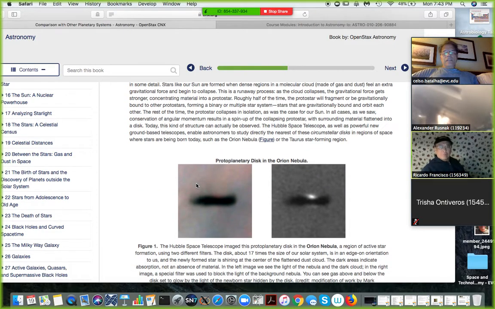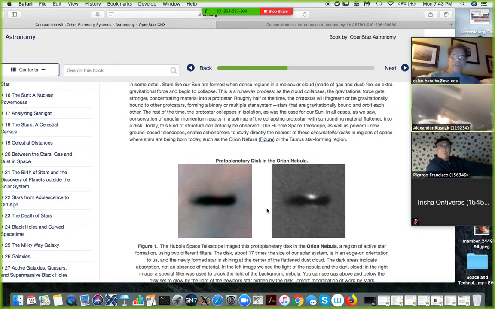Now, planetary systems. Is there only one, our solar system? The answer is no. Stars with circumstellar disks have been found out there, and they are very common. In fact, what we call EVCCSI, evergreens, a group of people interested in doing all kinds of things related to science, astronomy and physics.